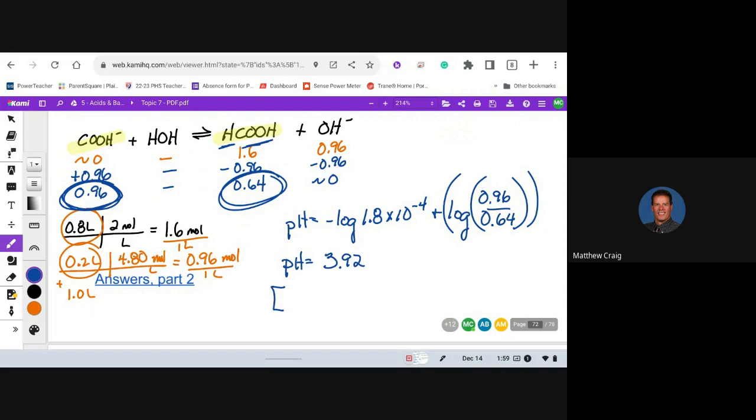So then the hydrogen or hydronium, whatever you want to call it, I don't care, tomato, tomato, is the anti-log of negative 3.92. Here, let's use a different color.